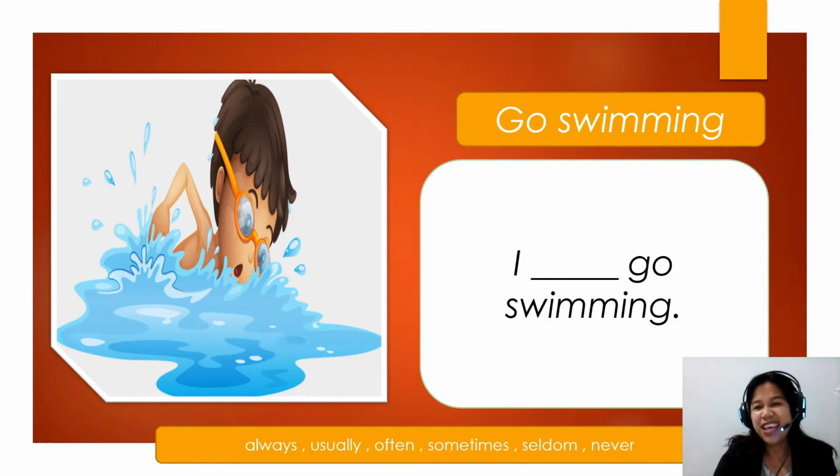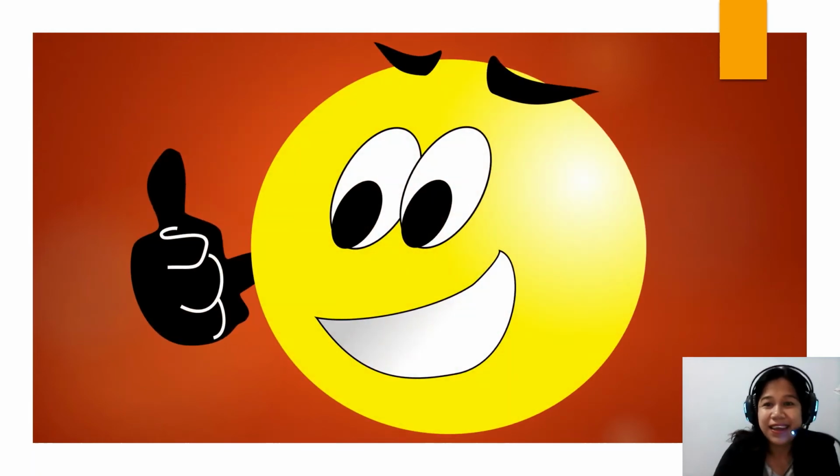Now let's go to the next page. A big thumbs up for those who are going swimming often. Because me, I can't really do swimming. I have hydrophobia. Hydrophobia means a fear of water. Okay.